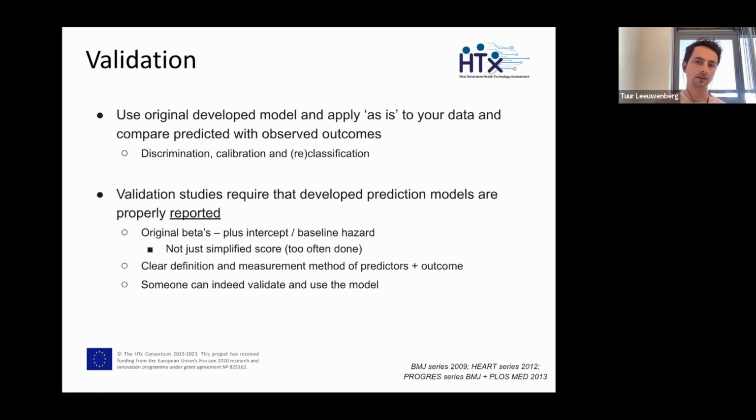All the coefficients or the parameters of the model should be reported, and the way the outcome and the predictor variables are measured should also be clear. Because if you measure things in a different way, then it might seem that the model doesn't work well, but that it's really because you didn't measure in the same way as how the model was developed.